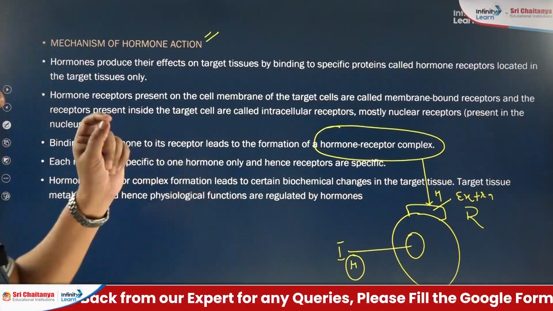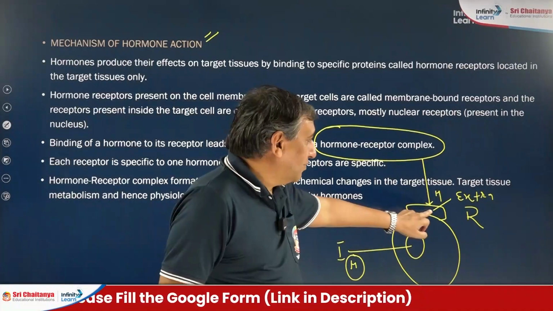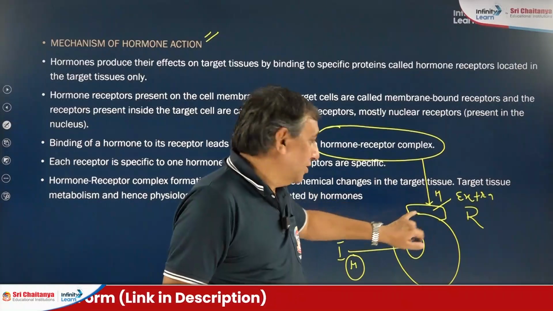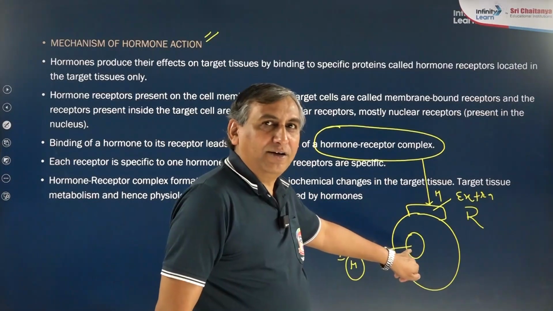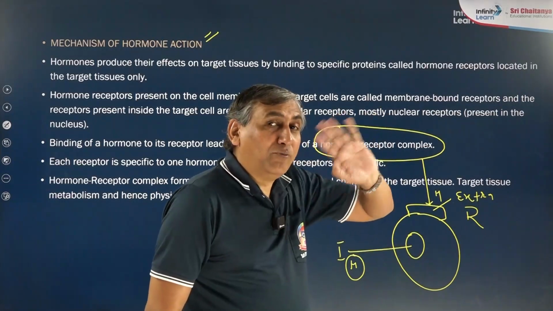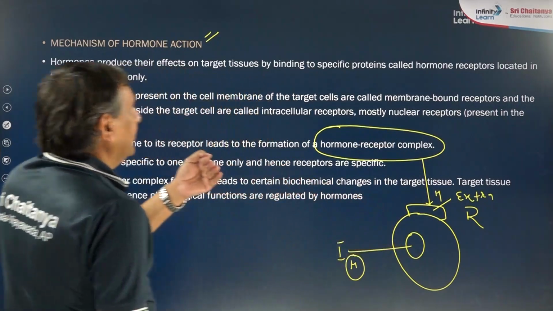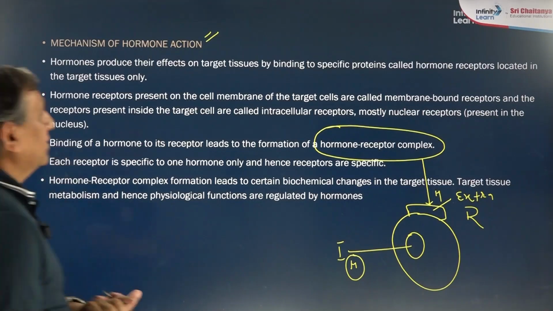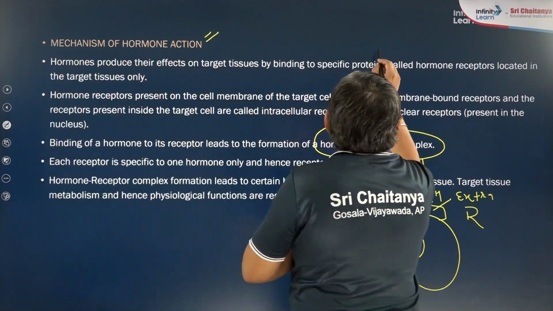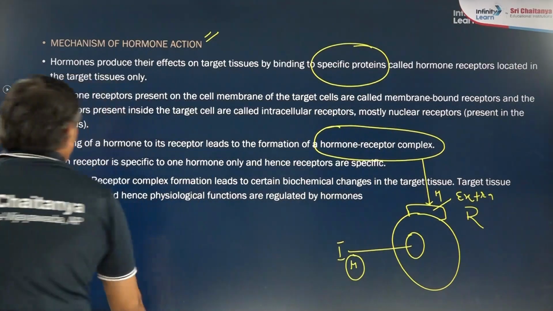First of all, the hormone will come in contact either with the extracellular receptor or with the intracellular receptor. It means they will not work directly. Always they are working through the receptors. Are you getting it now? So this is one very important point, and all the receptors are made up of specific proteins.